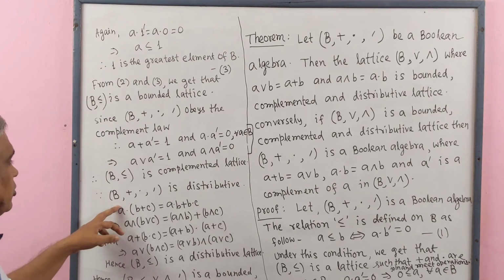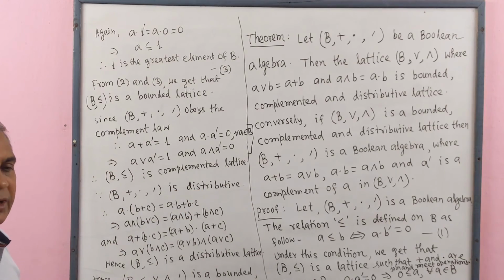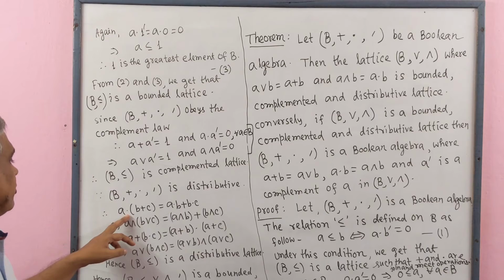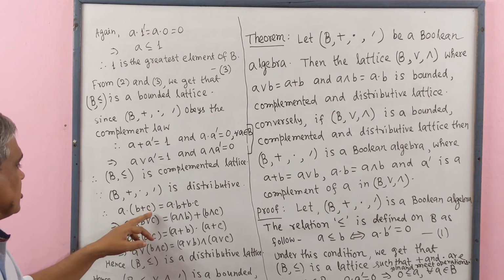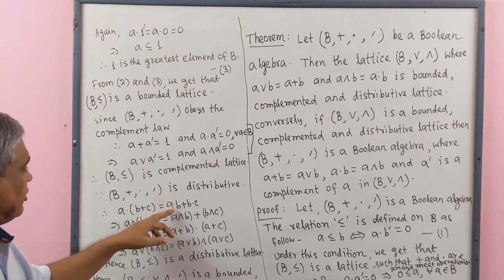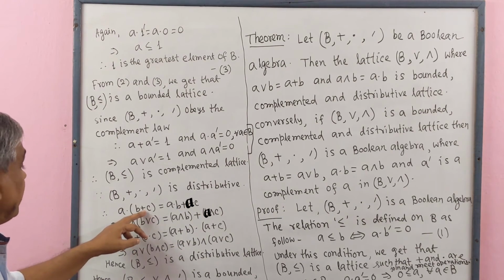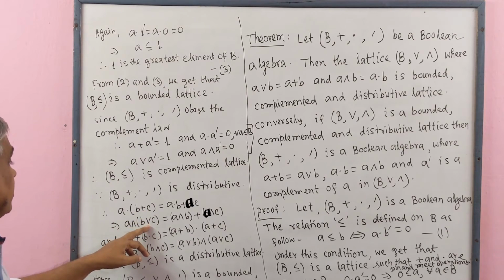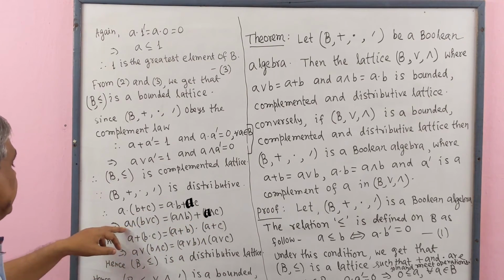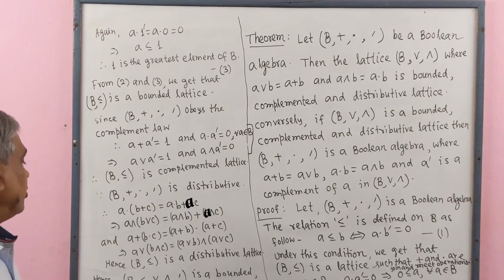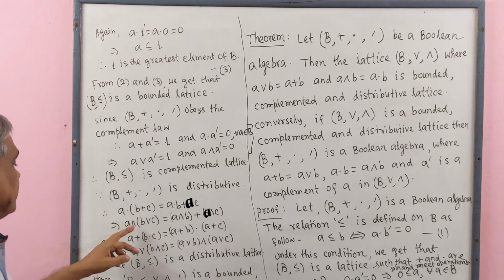Since we know that Boolean algebra is distributive, therefore we may write A dot (B plus C) equal to A dot B plus A dot C. In place of dot we write meet, in place of plus we write join. So in both sides we write this. So this is the distributive law for the case of lattice.